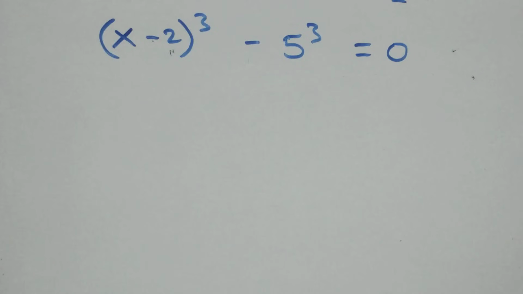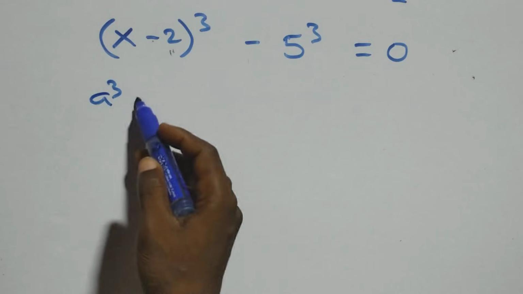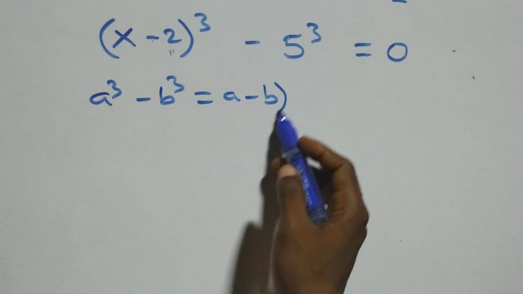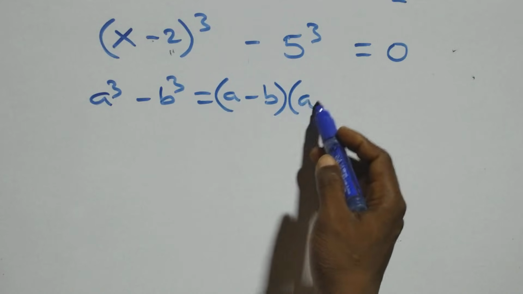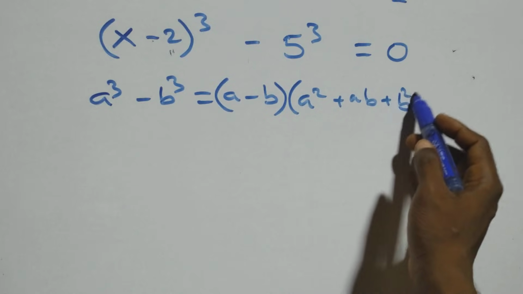Then, solving the second case, this follows when we have a raised to power 3 minus b raised to power 3, which is the same thing as (a minus b) times (a square plus ab plus b square).